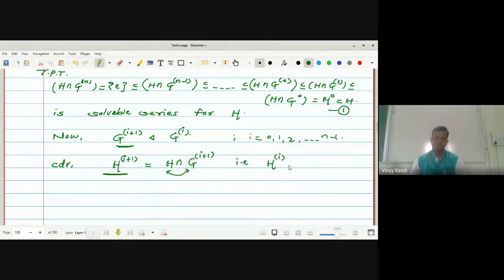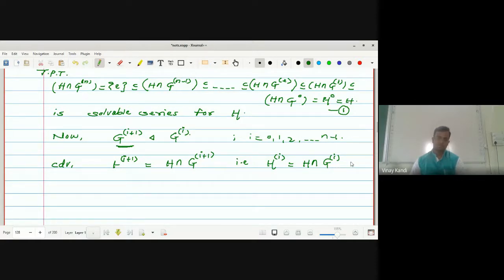The ith derived subgroup of H is equal to H intersection G raised to i. Is it correct? So the ith derived subgroup of H is equal to H intersection the ith derived subgroup of G.